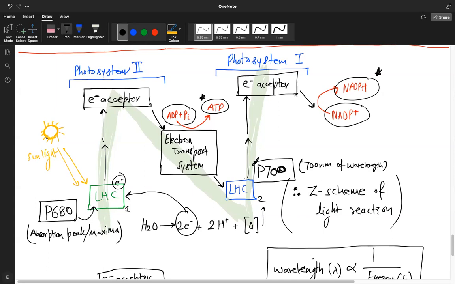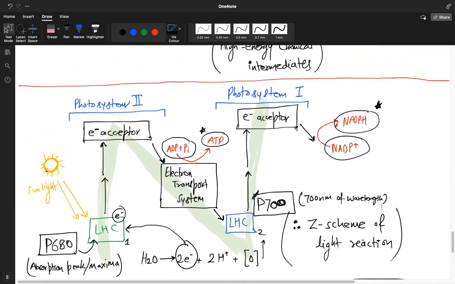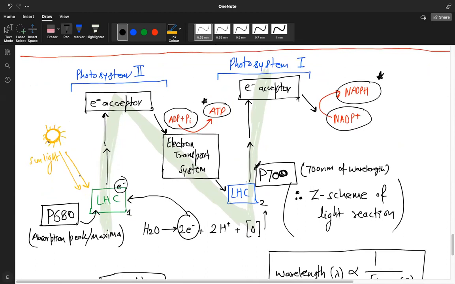Now, you understand that wavelength has a relationship with energy which is inversely proportional. So if wavelength is more, energy will be less, correct? So to begin with, this whole process of Z scheme is all about energy transfer.